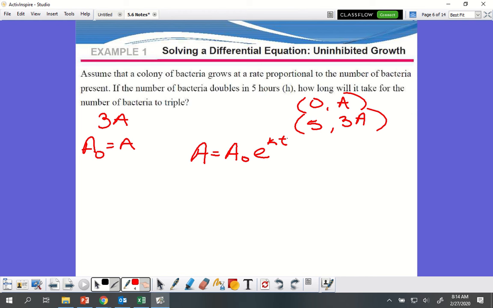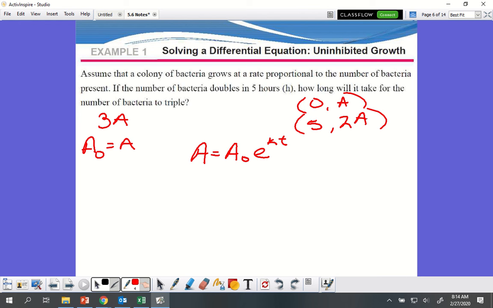So wait, wrong one. The number of bacteria doubles in 5 hours. Oh, I'm sorry, doubles in 5 hours. So 2A, there we go. If it doubles in 5 hours, I should have 2A.